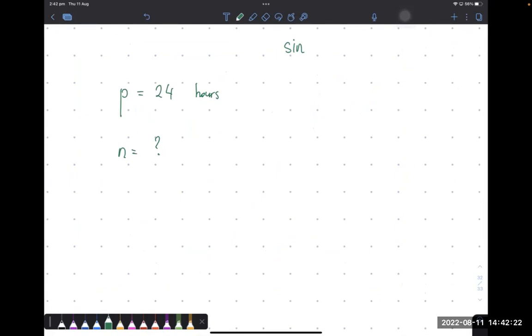Don't stare at it. Write some calculations out. What do we know about the period? How do we calculate the period? 2 pi over n. P equals P, so we can equate those quantities. So I can equate 24 and 2 pi over n.